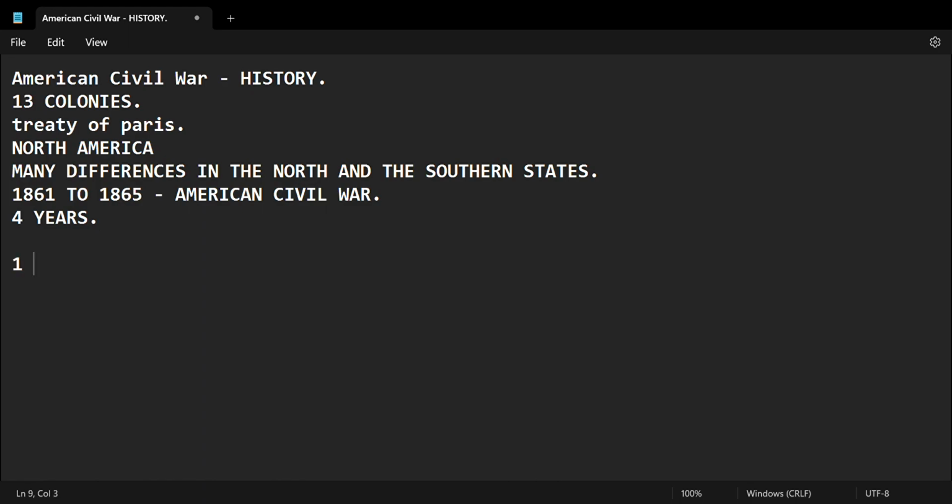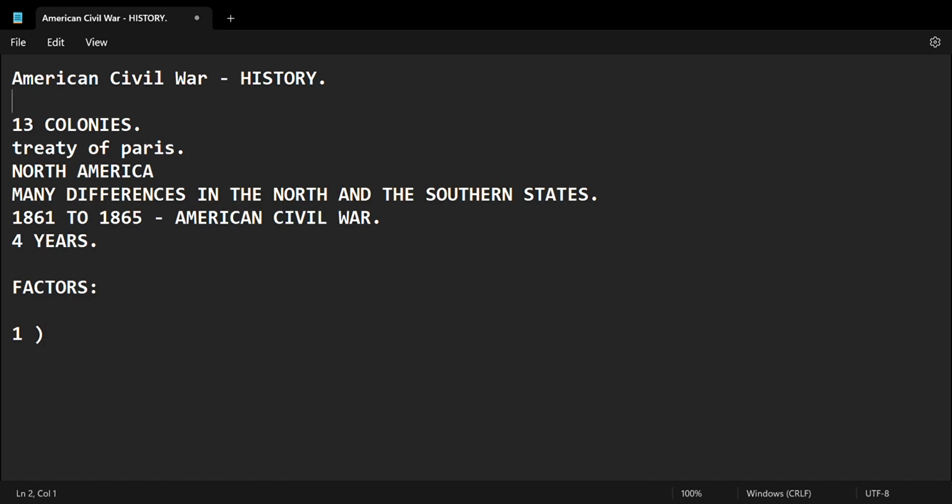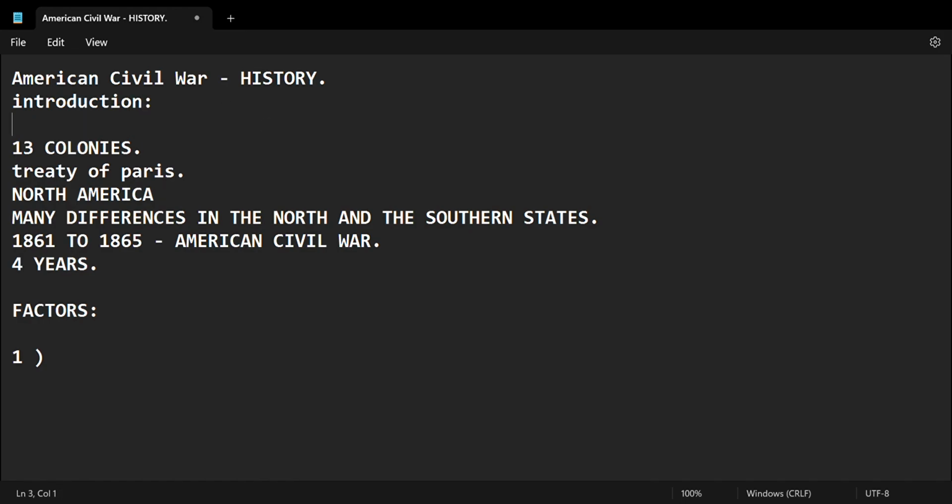Number one, the first way, let's write the factors that led to the American Civil War. This is the introduction. Okay, now there were 13 colonies. There was a Treaty of Paris. There was North America, which was divided.